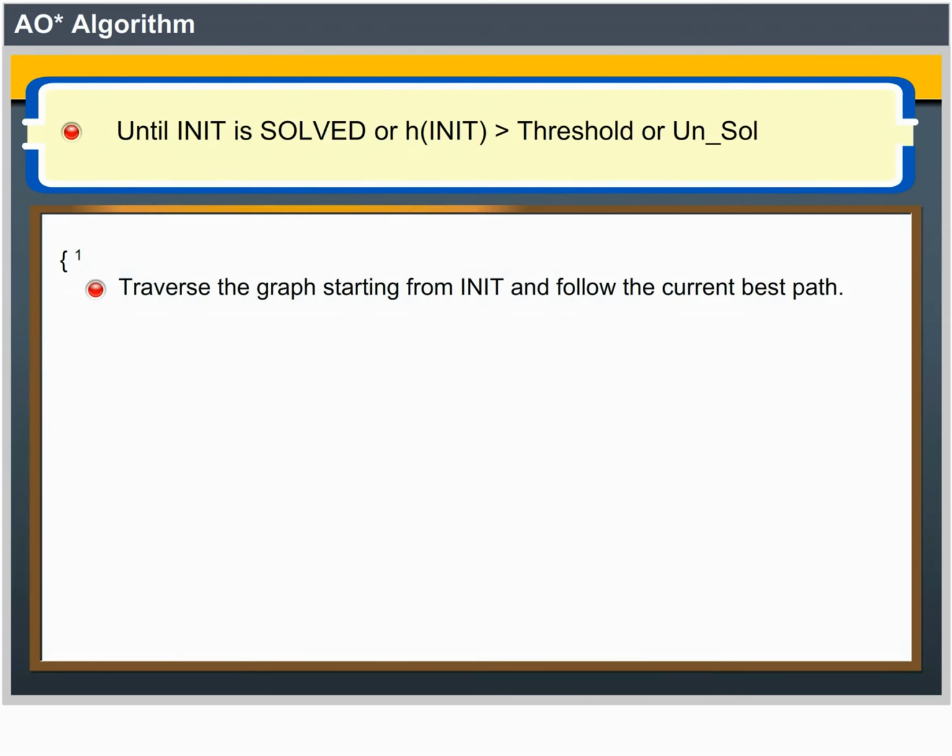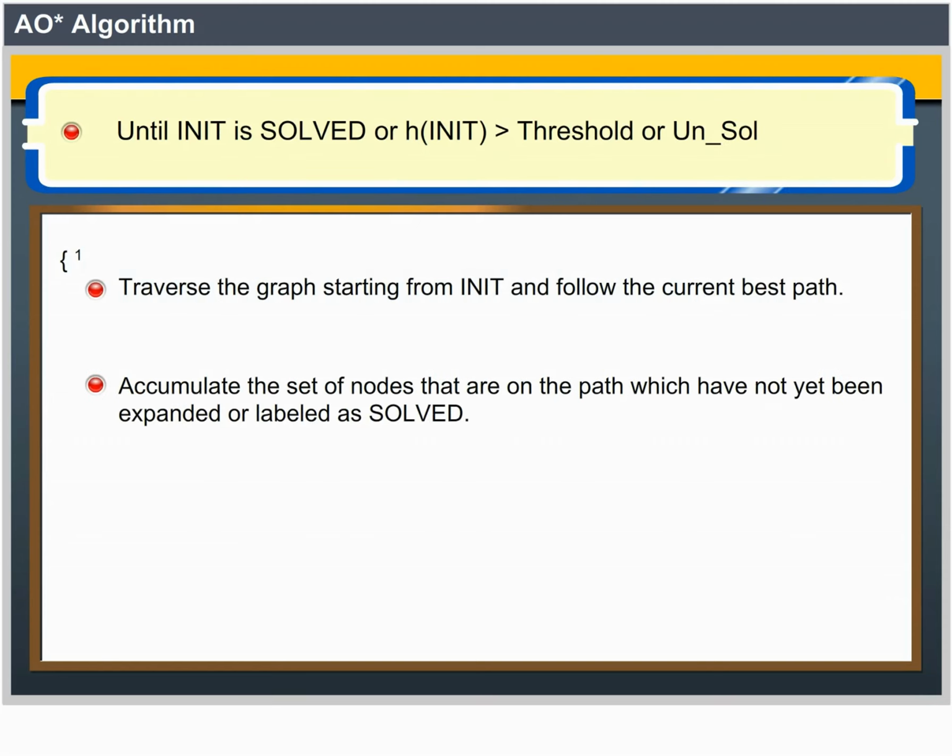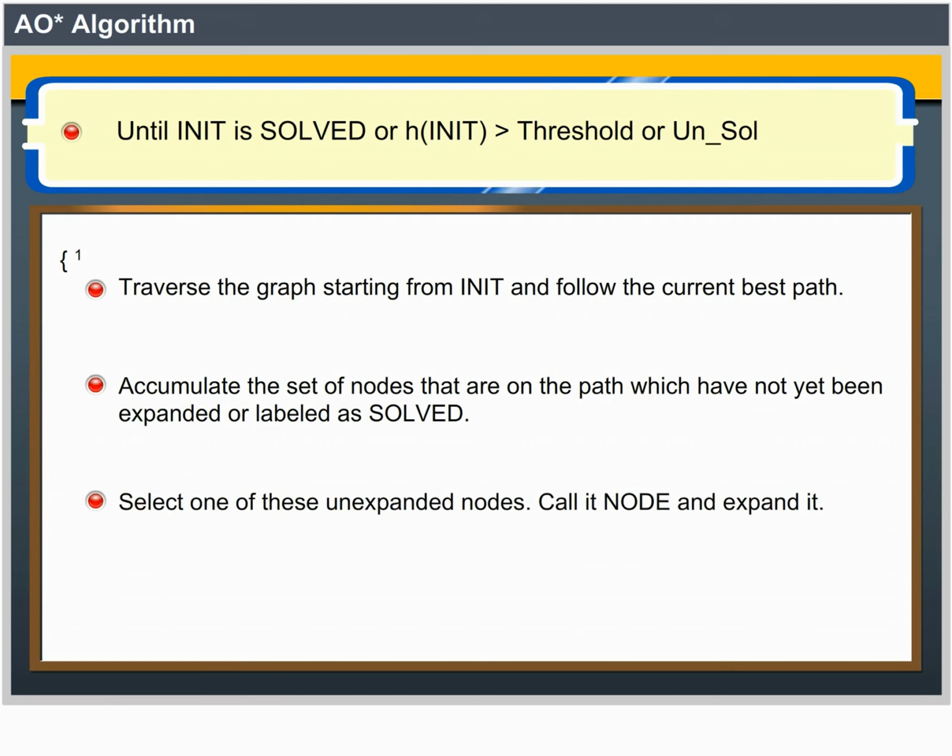Traverse the graph starting from init and follow the current best path. Accumulate the set of nodes on the path which have not yet been expanded or labeled as solved. Select one of these unexpanded nodes, call it node, and expand it.